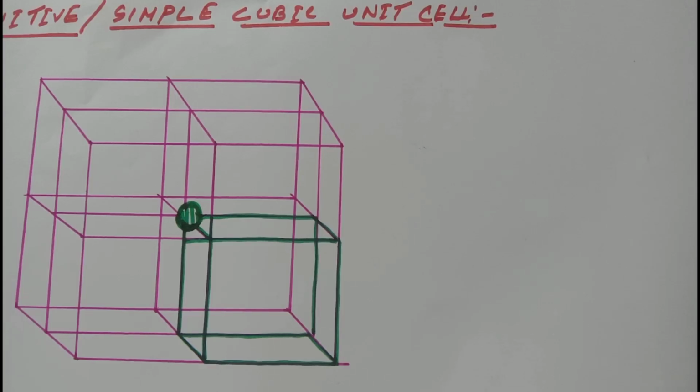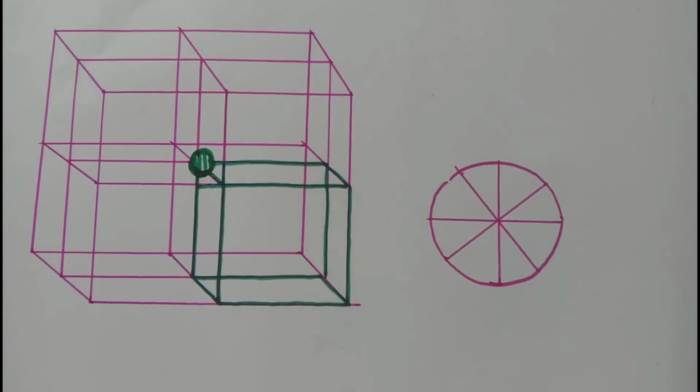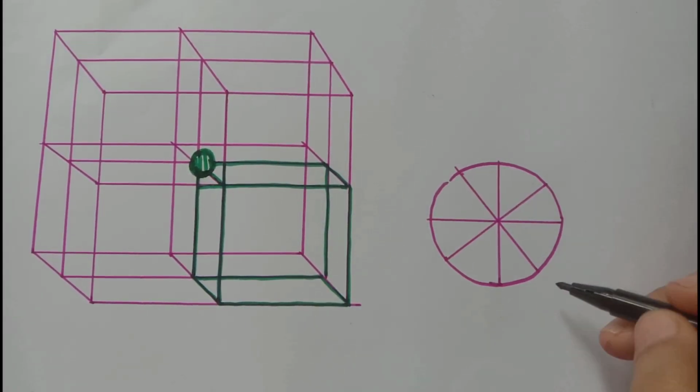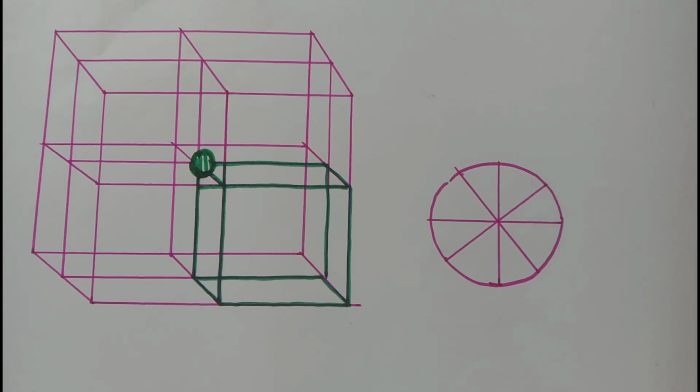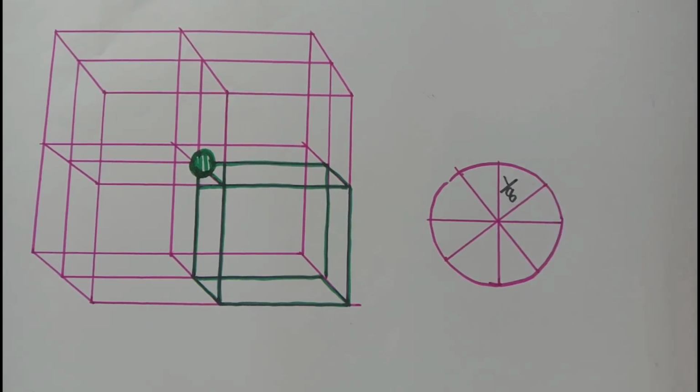See, I am considering a ball or a sphere like this. If I cut this ball or sphere into 8 equal portions, then each portion will contribute how many atoms? Each portion of this sphere will contribute 1/8 of the original volume.